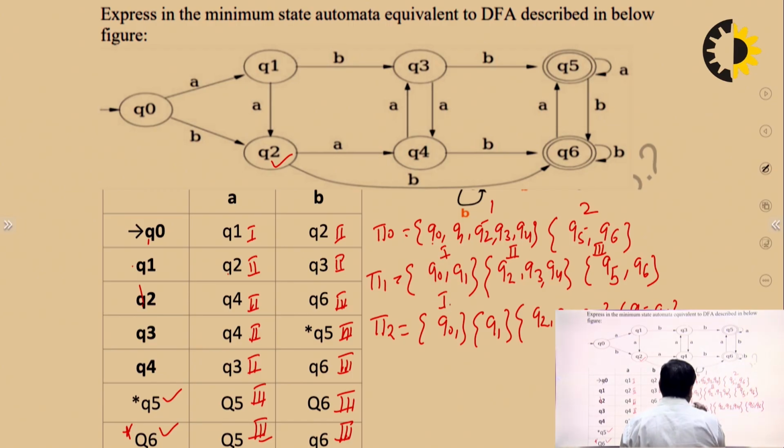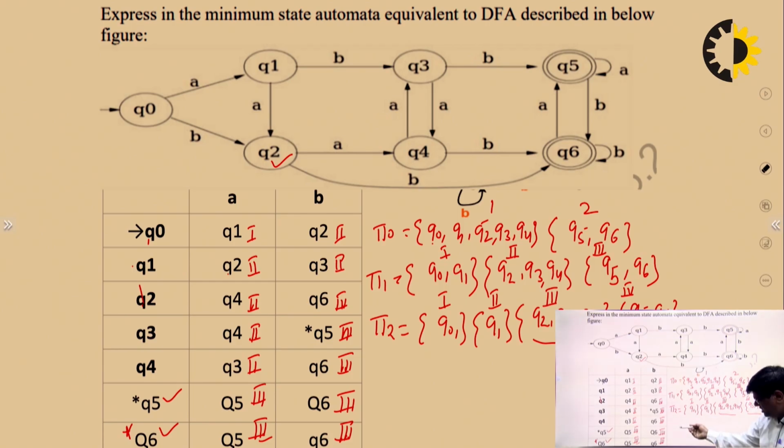Now, this is set 1. This is set 2, this is set 3, this is set 4. Again testing. Now, no need to check because it is a single set, single state. So, a single set cannot be minimized further. Now, we check only this one.